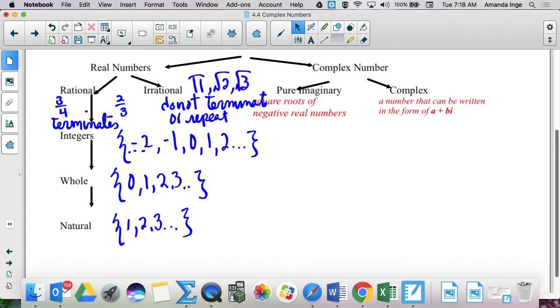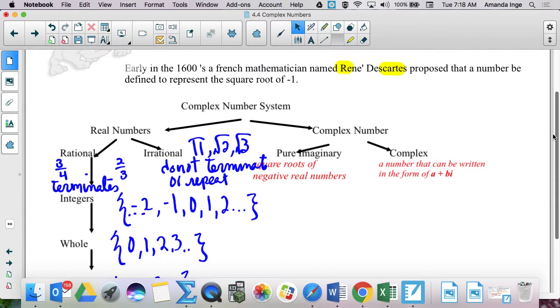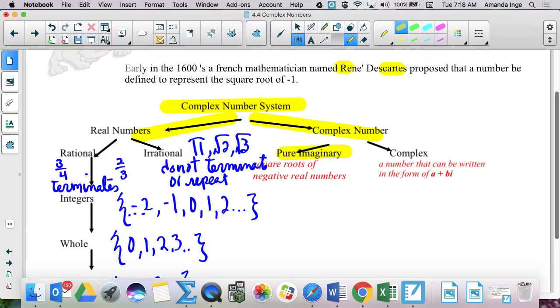Like I said, in the 1600s, a mathematician named Descartes decided that we needed a number to represent the square root of -1. So that's when the complex number system came about. So the complex number system is made up of real numbers. It's made up of complex numbers. We have pure imaginary numbers, which are the square root of a negative number, like the square root of -16, which in a complex number system would be 4i.